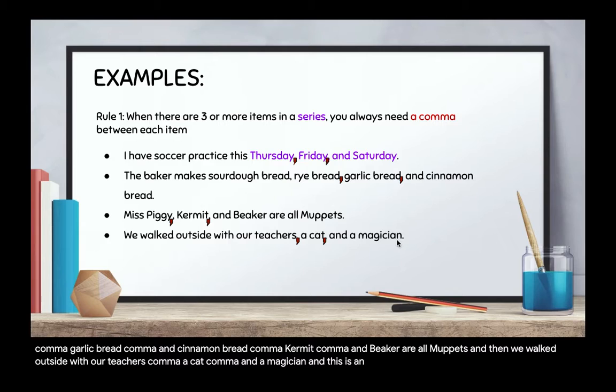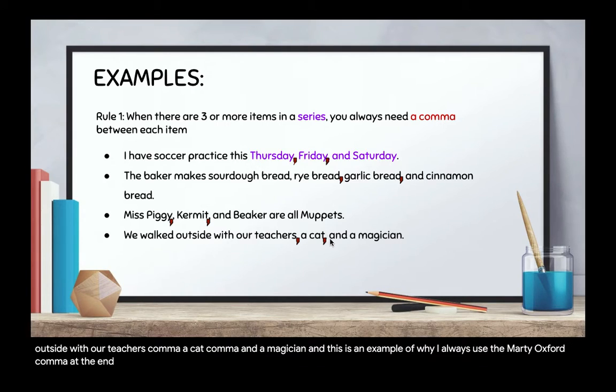And this is an example of why I always use the third comma, the Oxford comma at the end. Because if we took away the comma between a cat and a magician, that would make it seem like your teachers are a cat and a magician.